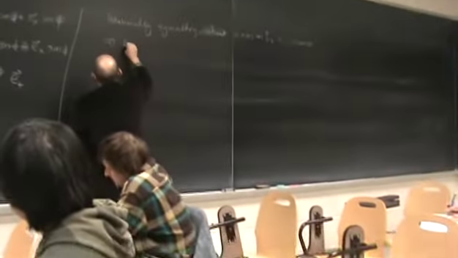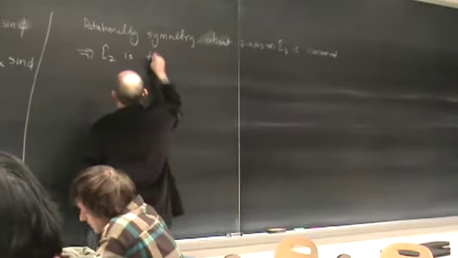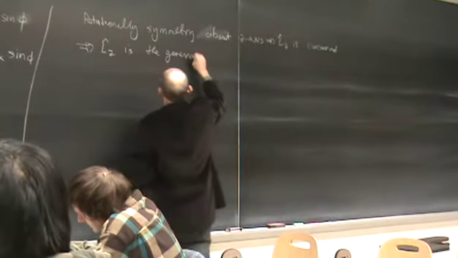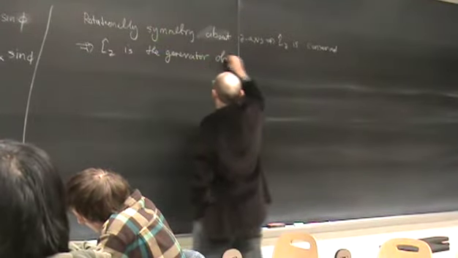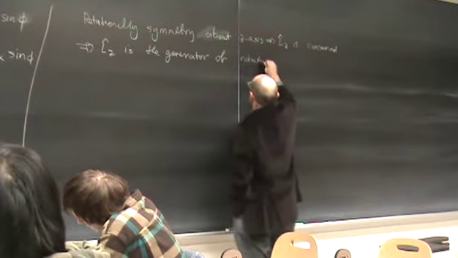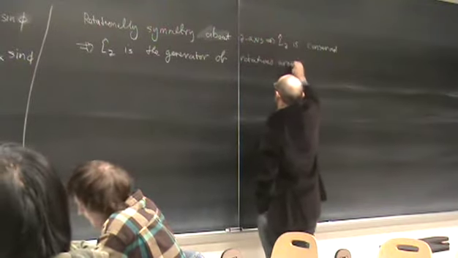And what that tells us from quantum mechanics is that LZ is the generator of rotations around the z-axis.